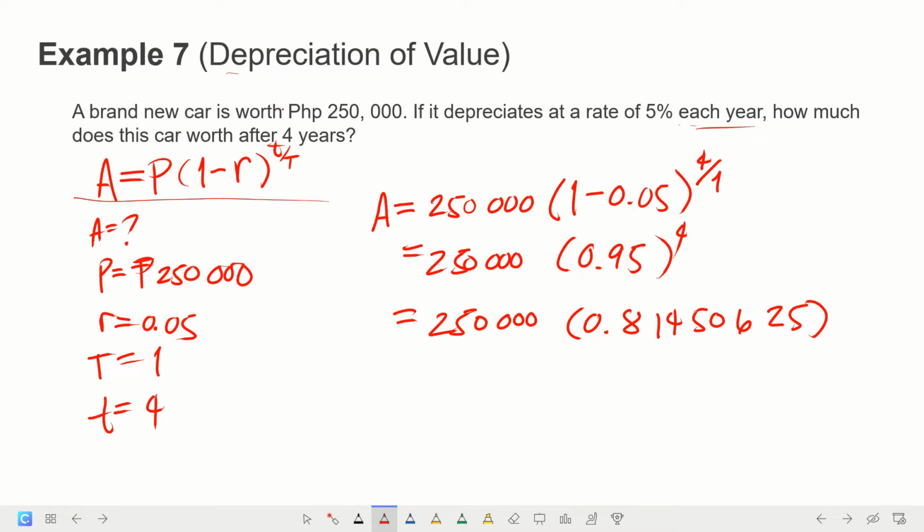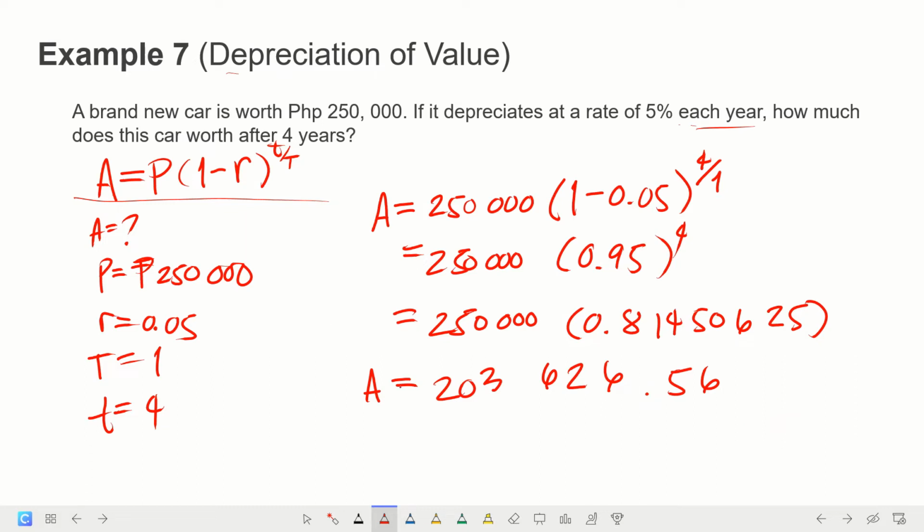So the car is worth 203,626.56 centavos. When it is money, round it off to 2 decimal places, the same as in the compound interest problem, because we're talking about money.